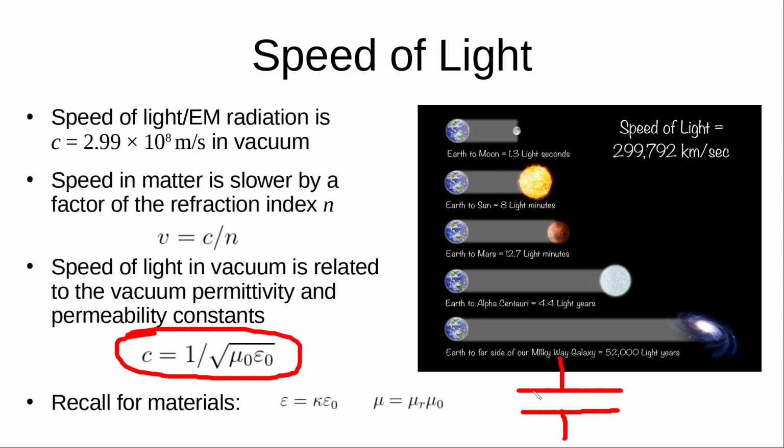But if you insert a dielectric material, right, so normally there's air, which is pretty close to being vacuum, between the plates of a capacitor. But if you insert material, then that material can become polarized, and that in effect changes the permeability of that material by a factor of kappa, and gives you a different permeability constant for the capacitor, depending on what the material is inside the capacitor.